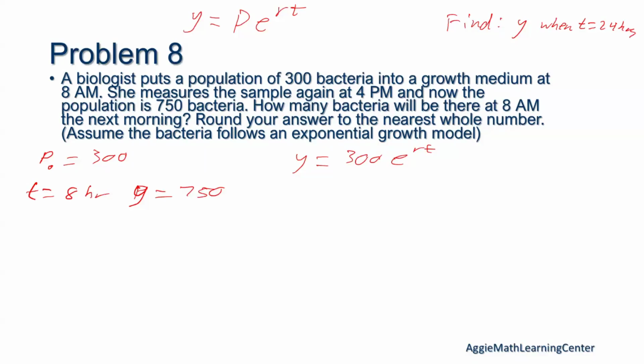So we want to figure out what r is, our rate of growth. We can use the knowledge that at 8 hours, there are 750 bacteria. If we plug that into our equation, you have 750 equals 300 e to some rate times 8 hours.